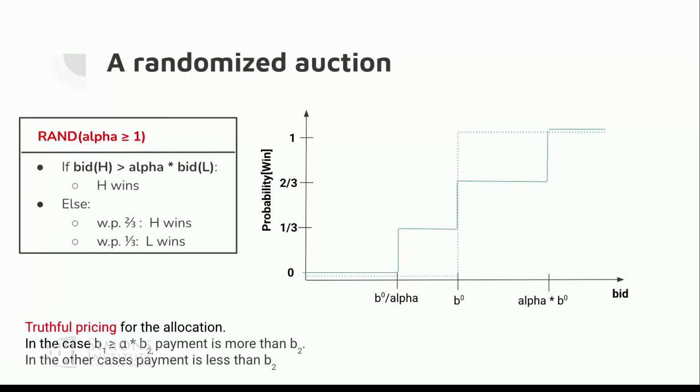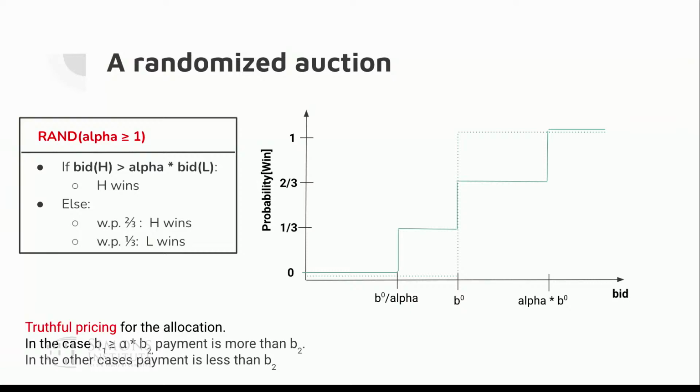Otherwise, if the bids are within a margin, then we'll do a lottery, but with a bias towards the higher bidder. So if you beat by a margin, then you win with probability 1. If you're within a margin, then you win with probability 2/3, and with probability 1/3, the lower bidder wins. And then the pricing will be whatever natural truthful pricing falls out of this.